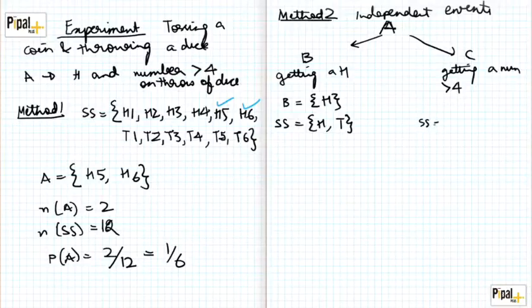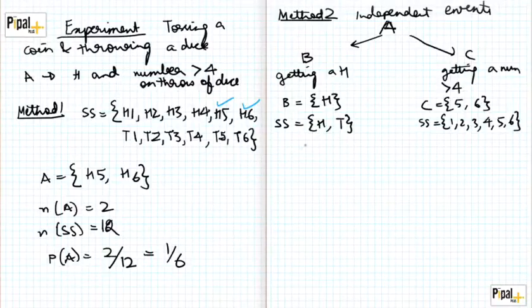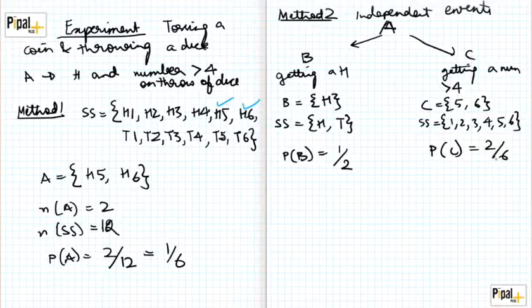So the sample space here is 1, 2, 3, 4, 5, and 6. Now the event C, number greater than 4, becomes 5 and 6. So we notice that the probability of B is 1 out of 2, and the probability of C is 2 out of 6.